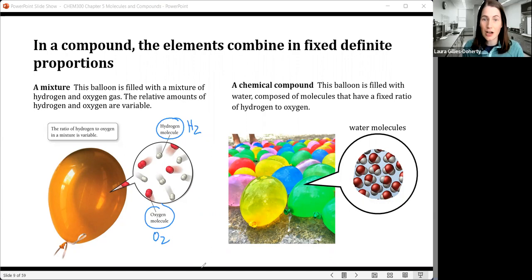Versus in a chemical compound, say a balloon filled with water, H2O, the composition of water is always the same. Water always has 2 hydrogen atoms and 1 oxygen atom. And so that's what we mean when we say that compounds have fixed, definite proportions. If we change the proportions of hydrogens to oxygens here, it would change the identity of this compound.